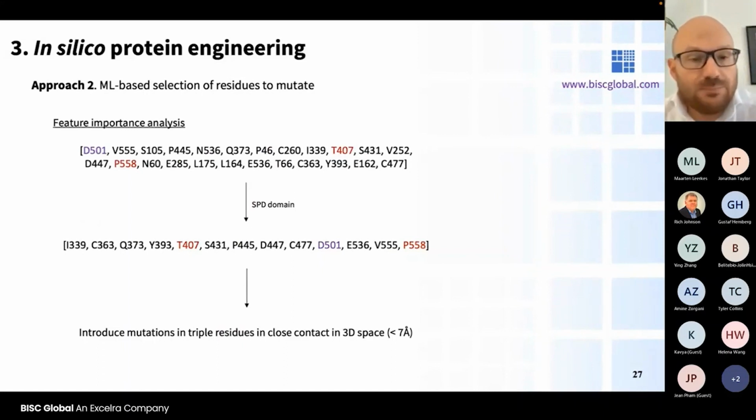So now, at this point, we still didn't know which will lead to an increase or decrease, because what we only know is that those are sensitive positions. It was interesting to see that some of them, which are highlighted by colors, were actually known by our client. It's proprietary data. They use that information, and they actually introduce mutations around those points.